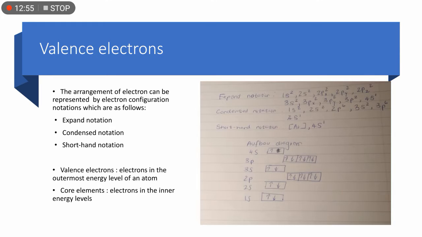So for the shorthand notation, all the core electrons are represented by group 8. You must know that Ar is an inner element, helium is an inner element.